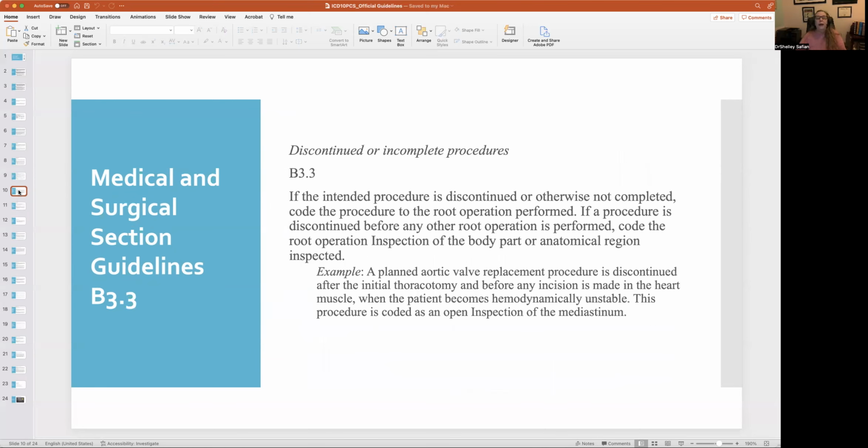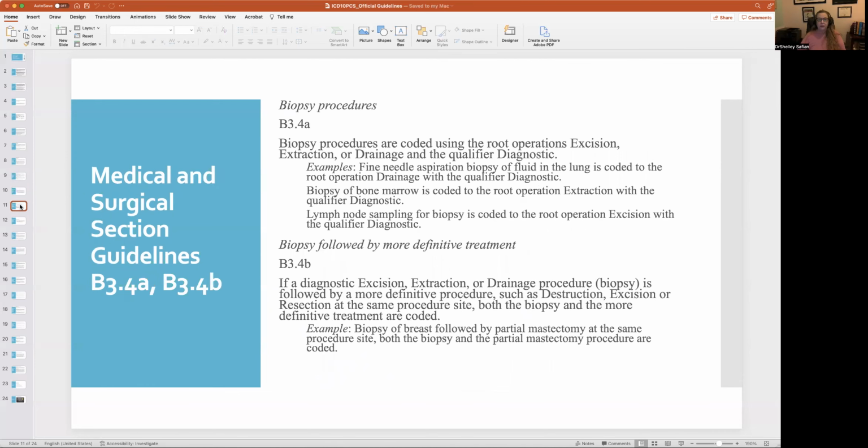All right. What happens if a procedure is discontinued or is not completed for whatever reason? You have biopsies. How do I do a biopsy? Which root operation do I use?